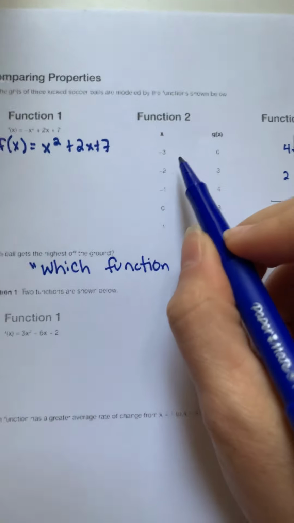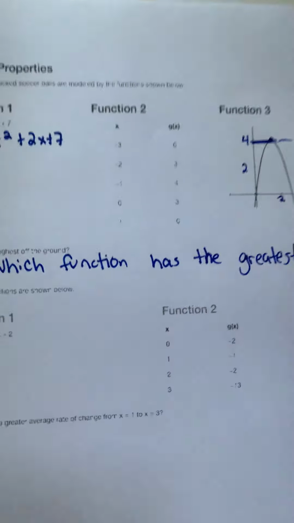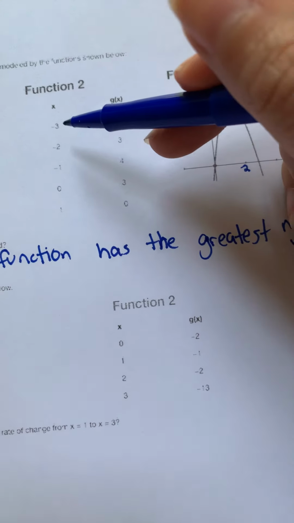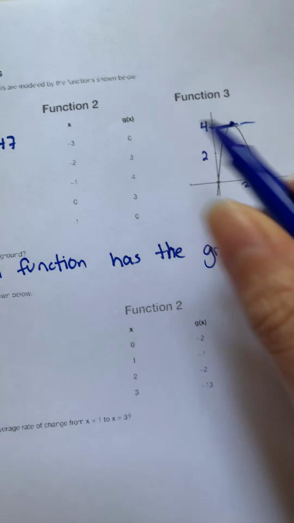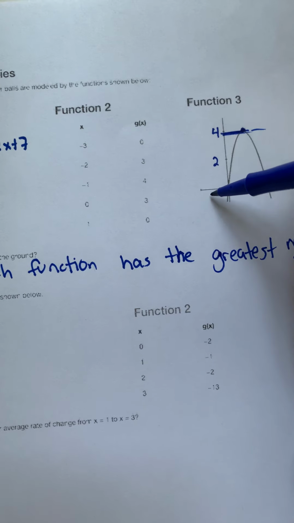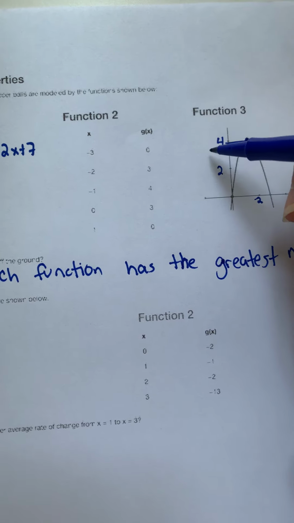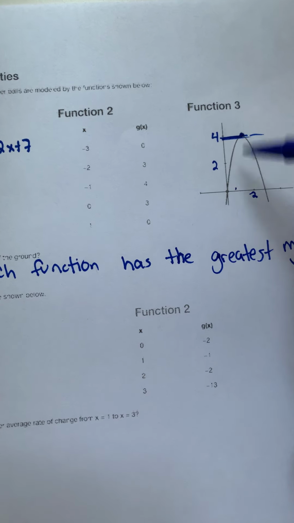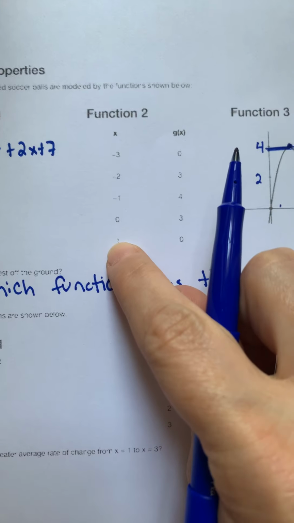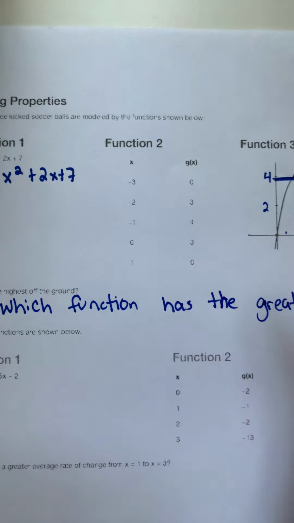This one, let's look at how my numbers go again. As my x values go from negative to positive, my y values start at 0, go up to 4, and then right around here hit 0 again. See? When I get to x is 1, y goes back down to 0.